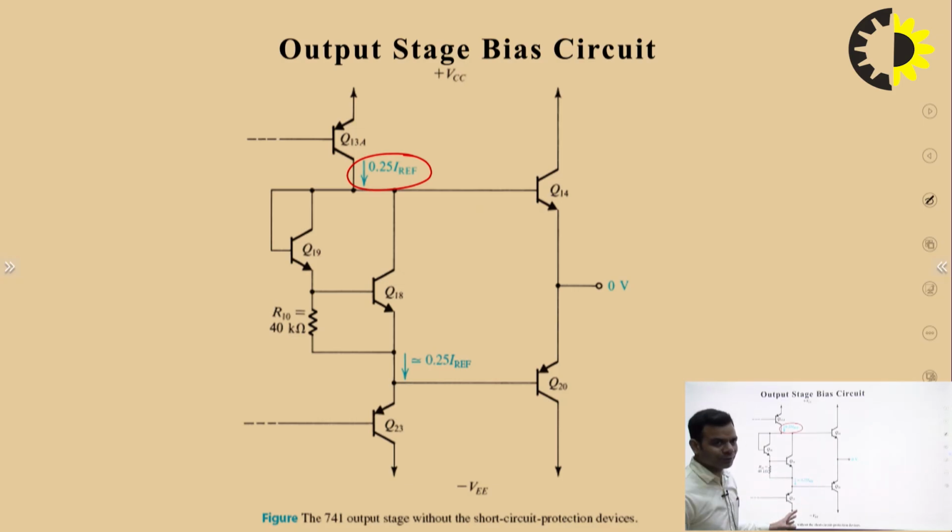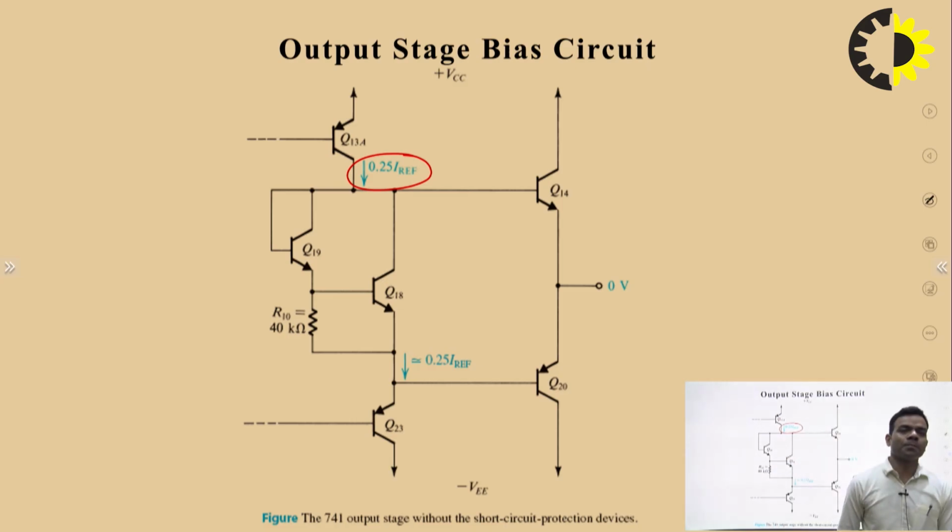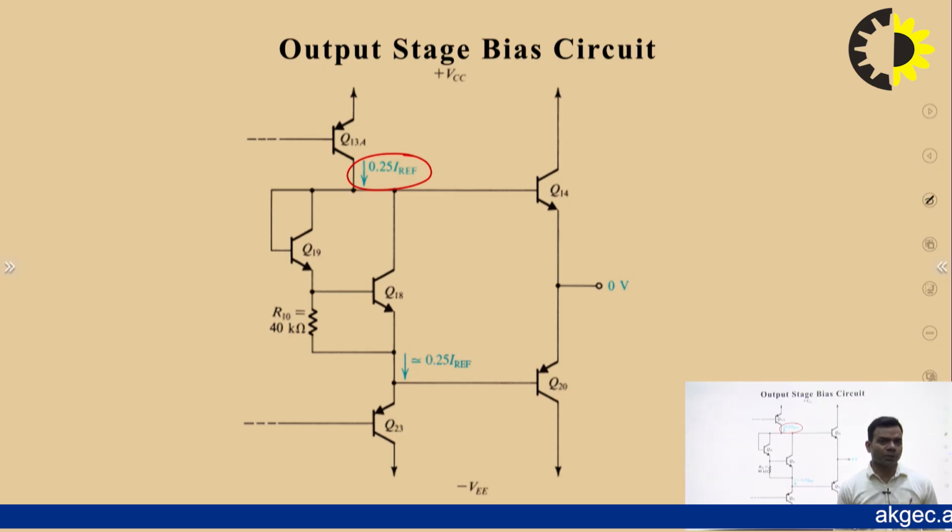Don't get confused, because in the internal structure of IC 741 you have a few more transistors connected over here and 2 resistors, but here I am not considering this short circuit current protection circuitry. I am simply considering the components, the transistors and resistors, which are responsible for the output stage.